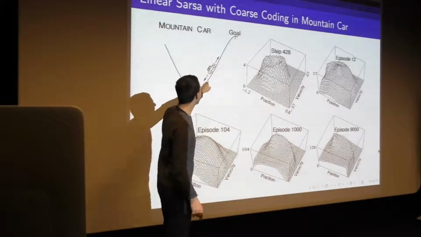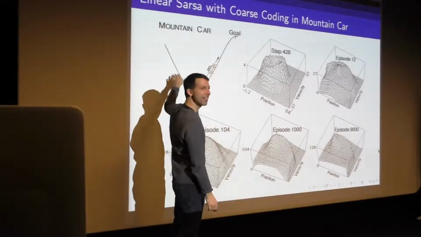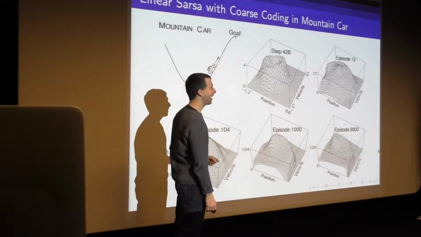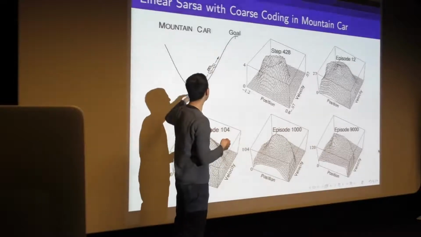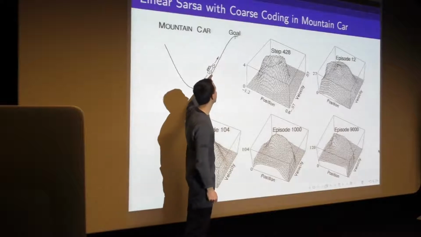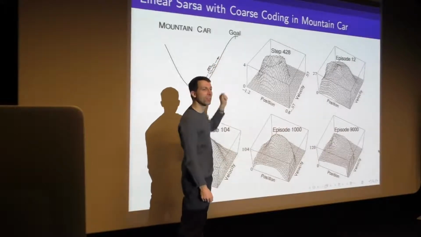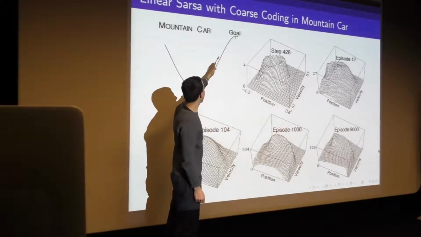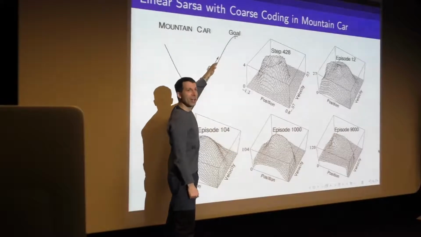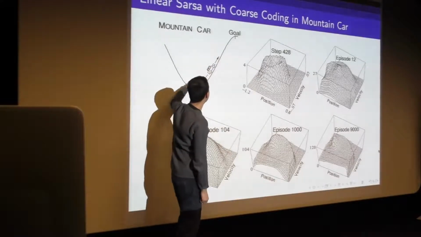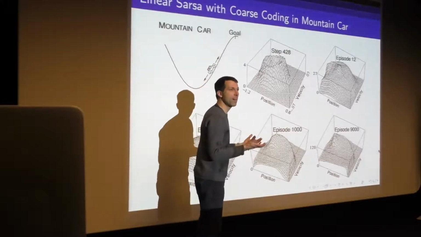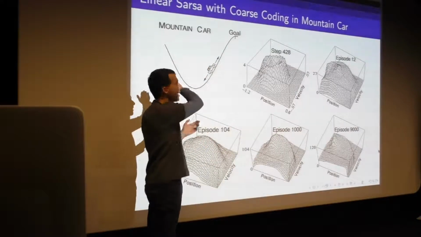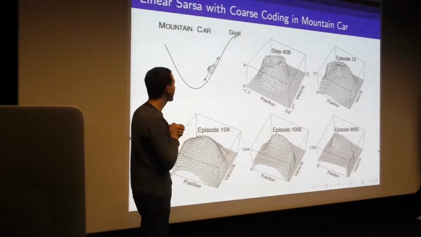The idea is you've got this car here, it's stuck in this dip, and you can see it's kind of steep here, so how are you going to get out of this dip? The assumption is that your car isn't powerful enough to just drive straight to its goal here. So what it has to do is let go and roll backwards, drive forwards, roll backwards, drive forwards again, and build up enough momentum to actually be able to reach the goal there.